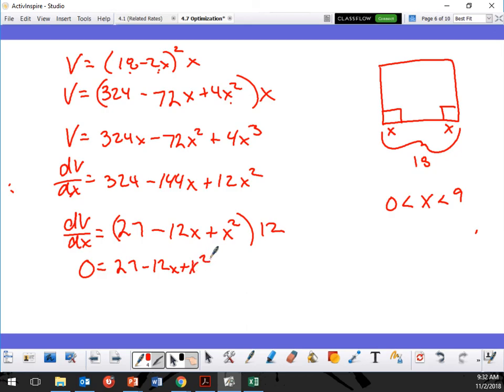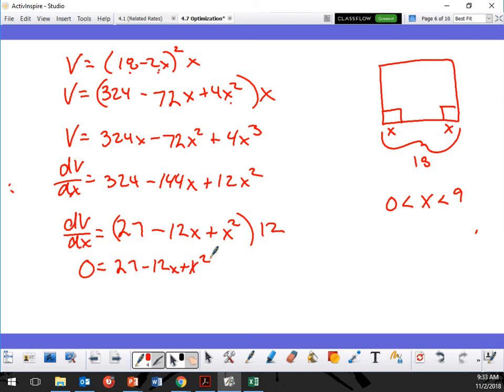Now, can we factor that? What are the factors of 27? 27 is positive and my middle term is negative, so both signs are negative. It has to add up to negative 12.